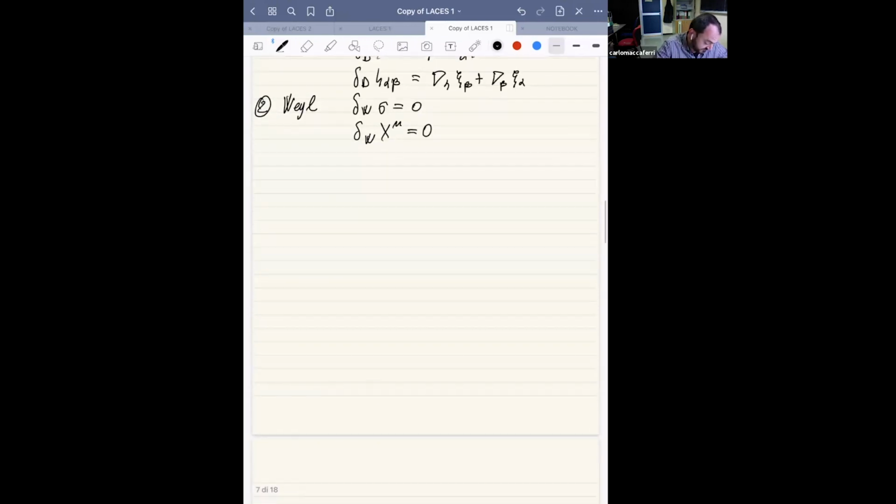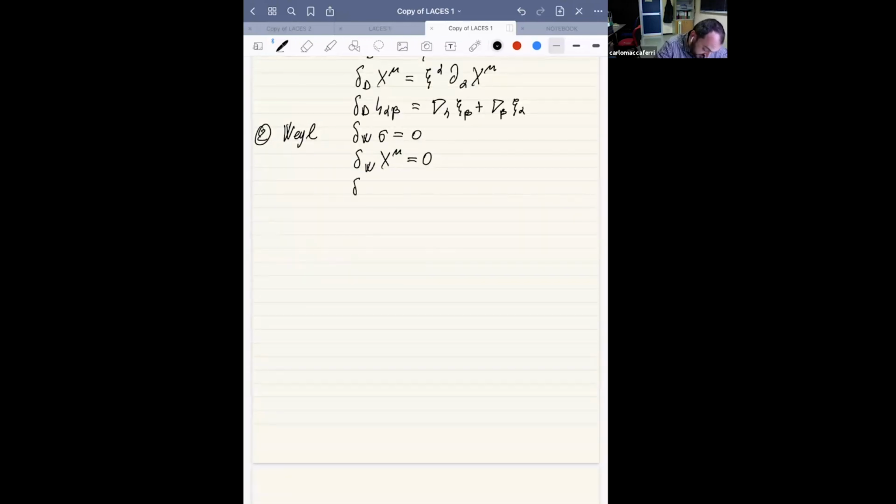But the Weyl acts on the metric by rescaling it, and in its infinitesimal form, it looks like this. Okay, so the finite form would be h, which goes to e to the w h. So it is a local rescaling of the metric.